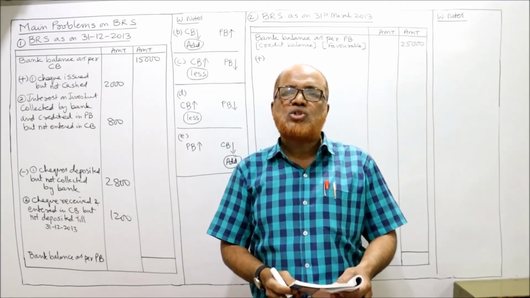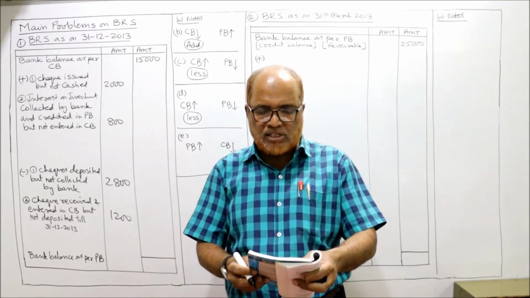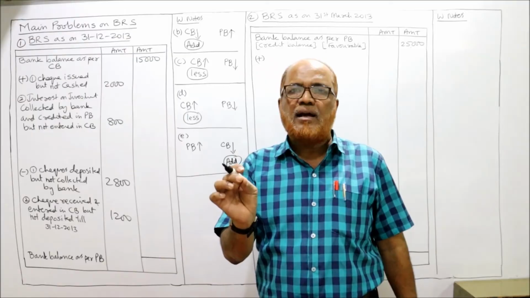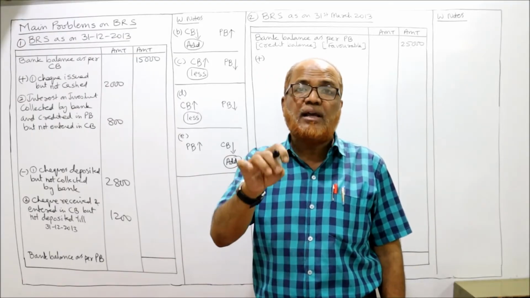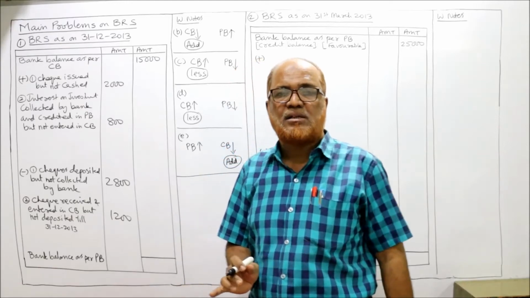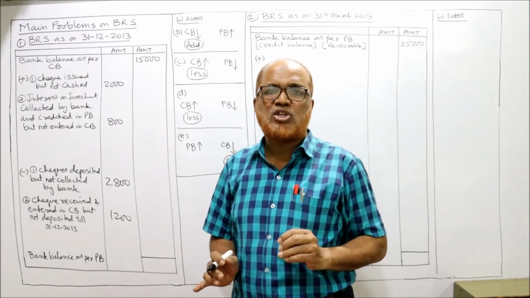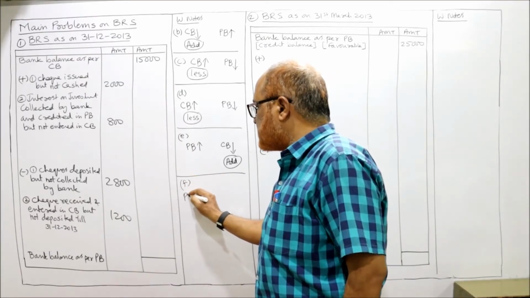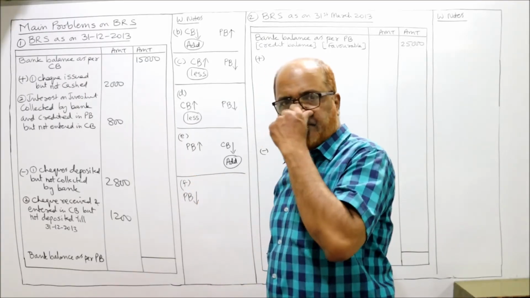Last one: bank charges, rupees 20, debited in passbook but not entered in cash book. Debited in passbook means the passbook balance has decreased. The banker has taken bank charges and debited them in the passbook, so the passbook balance has decreased, right?